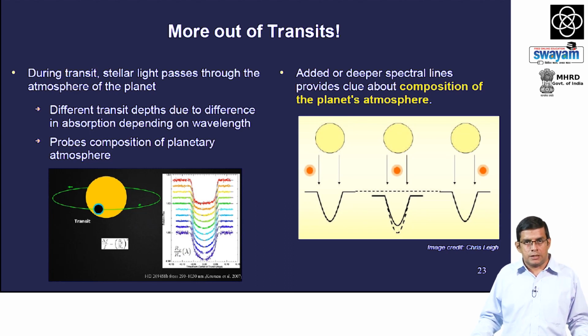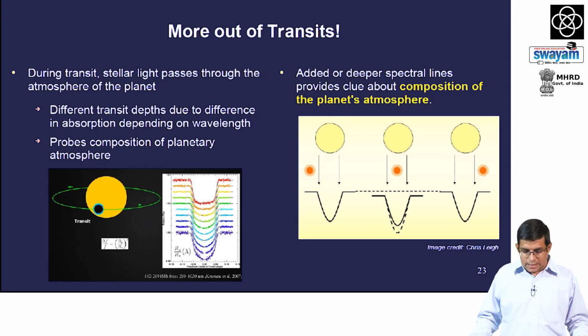As you can see here, at different wavelengths ranging from around 300 to 1000 nanometers, you can see that the amount of the dip as well as the shape of the light curve are all different. And this gives us information about the planetary atmosphere.